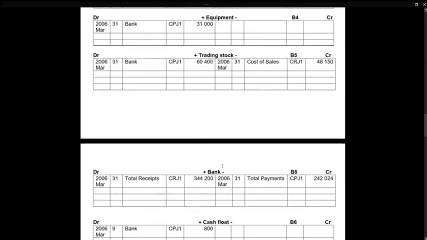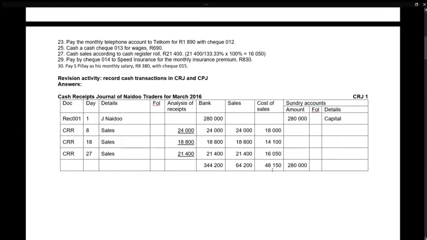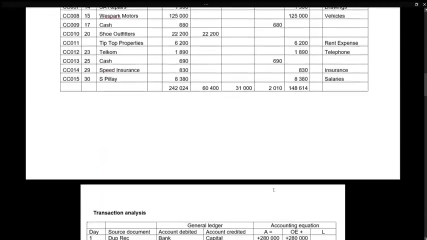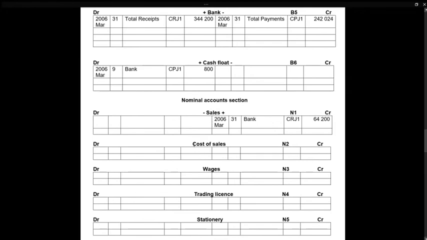Cost of sales. I'll find it right next to my sales column in my cash received journal, 48,150 Rand. So let's go and fill that in. Cost of sales is an expense account, and an expense account is plus, minus. So there we go. My total cost of sales was 48,150 Rand. Where did I get this information from? Cash received journal 1.